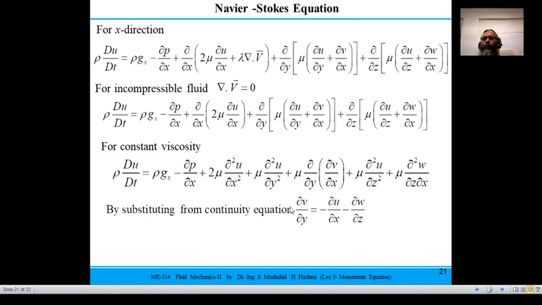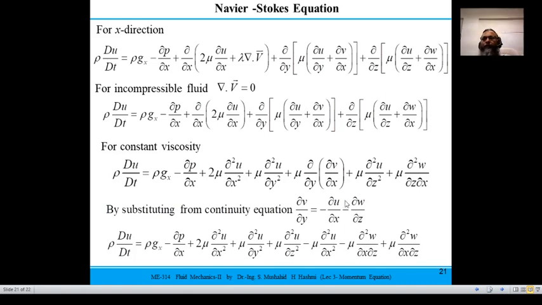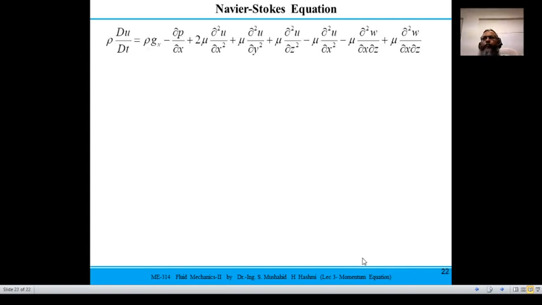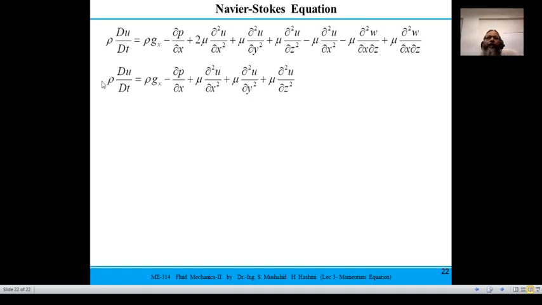So from this continuity equation, in place of ∂v/∂x, I have substituted this term, and then I have simplified. At this point we see the last two terms are identical, so they cancel out, and we end up with this simplified expression.